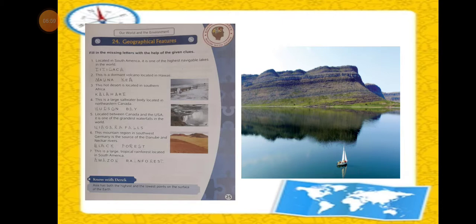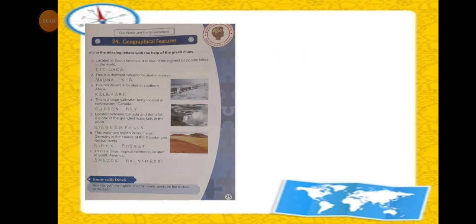Okay. So now we are moving to number 5, children. Located between Canada and the USA, it is one of the grandest waterfalls in the world. So it is a very beautiful waterfall in the whole world. It is very grand, and it is located between Canada and the USA.